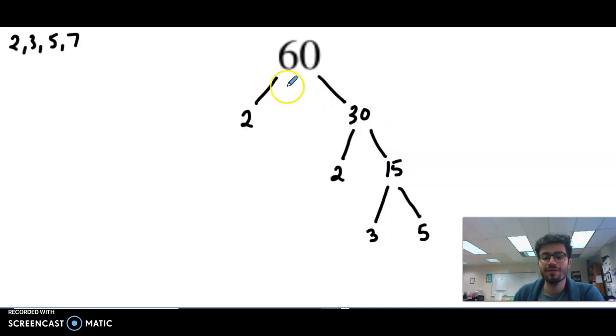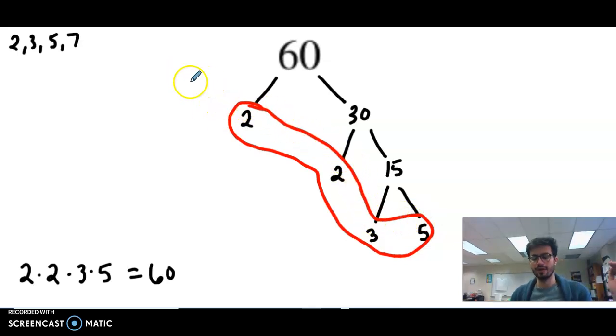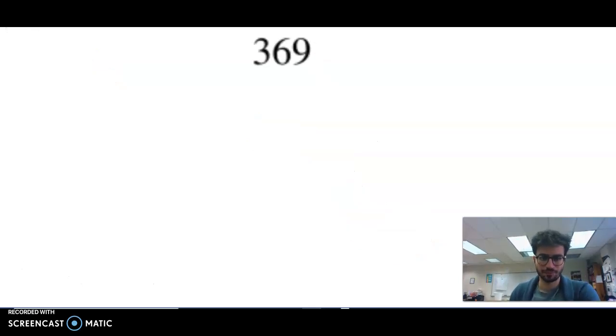And so now we have the prime factorization. What this means is that the numbers 2 times 2 times 3 times 5 will give us 60. You can see that they're the end of the branches of this tree that we've made.